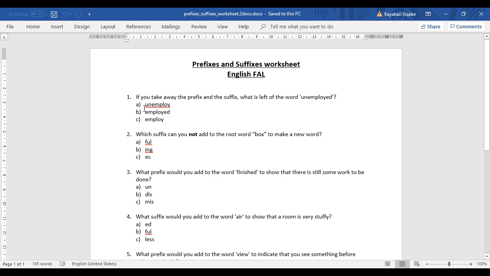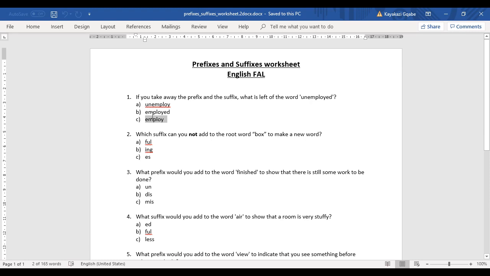We can't be left with unemployed because the prefix is still there, okay? We can't be left with employed as well because the suffix is still there, which is the ed. So our answer would be C, okay? Would be left with employed.